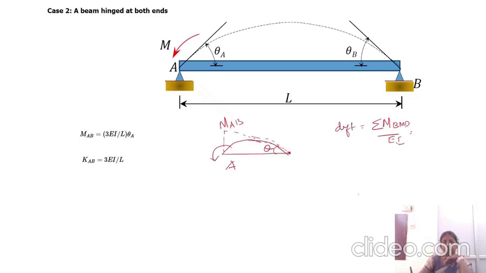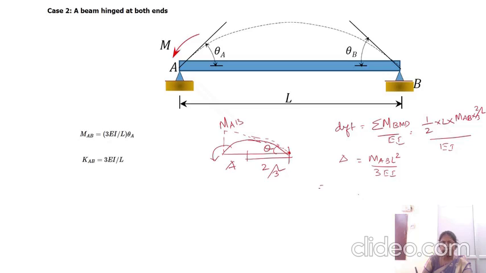So the area equal to half into span into MAB, the height, into 2/3 of L from B, the centroidal distance, divided by EI, which is equal to MAB L square by 3EI.